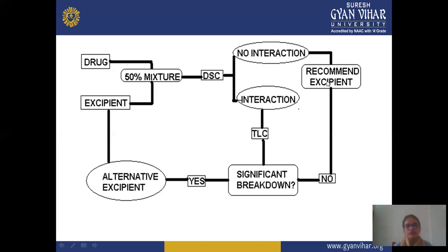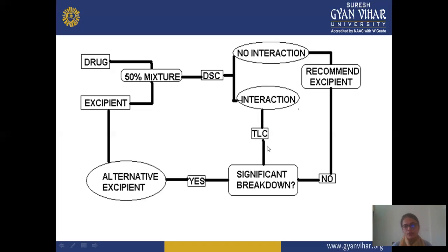Means first you take drug and excipient. This drug and excipient have a 50% mixture concentration, and then perform DSC. After performing DSC, if no interaction is observed, then you recommend the excipient. And if an interaction is observed, then you perform a second test, that is TLC, thin layer chromatography.